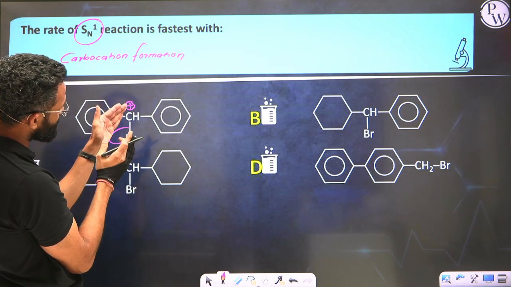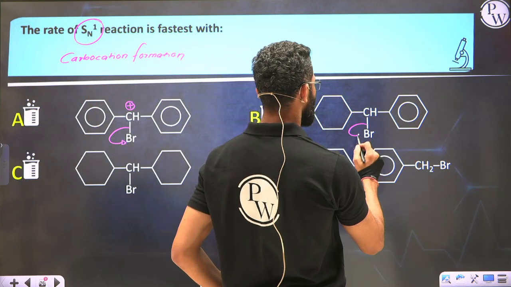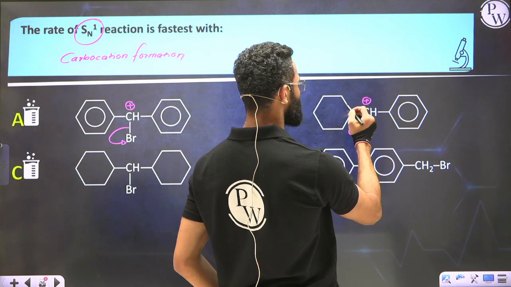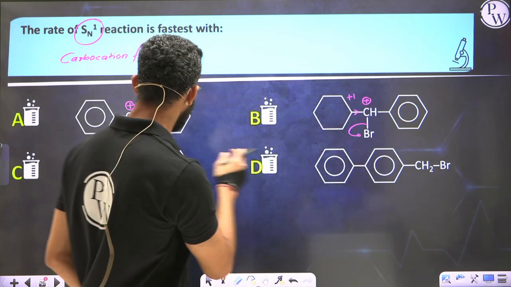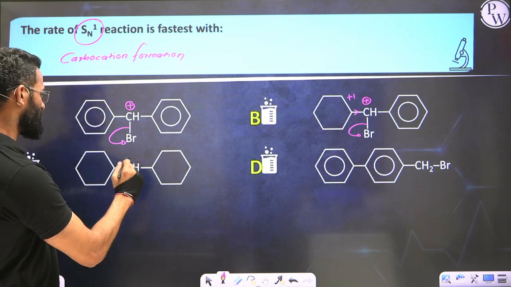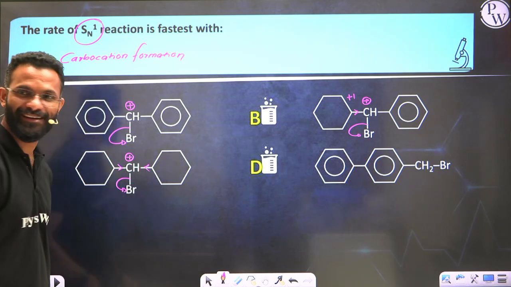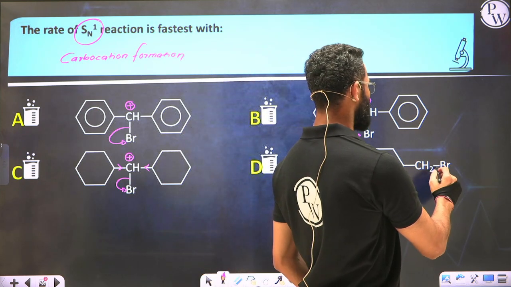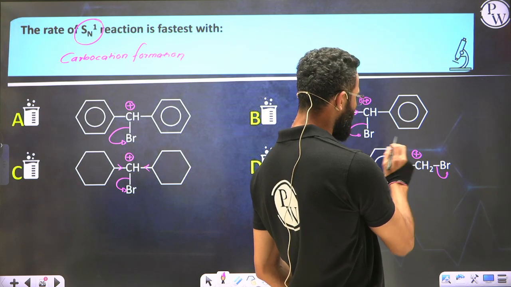Such carbocation stabilization is not taking place anywhere else. Here in B, if you form a carbocation, this will be stabilized by resonance, but this will be only stabilized by plus I. So resonance stabilizes better in A. In case of option C, after departure of the leaving group, the carbocation can only be stabilized by plus I. And here, after departure of Br, the carbocation is stabilized by this phenyl ring.